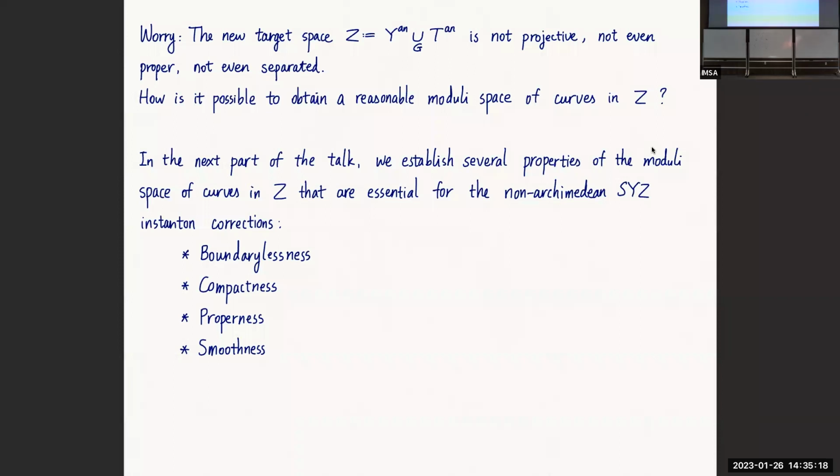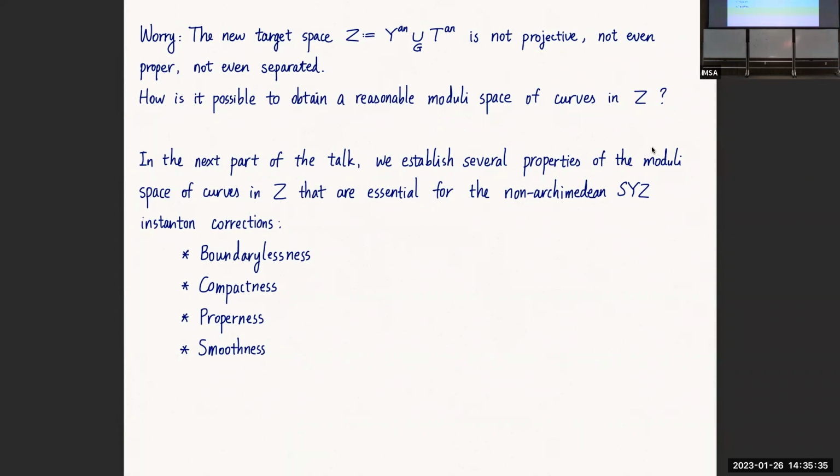It's not projective, not proper, not separated. So how can we obtain any reasonable moduli space in such a target space? This is what I will talk about in this talk.